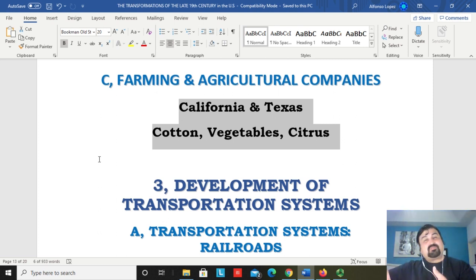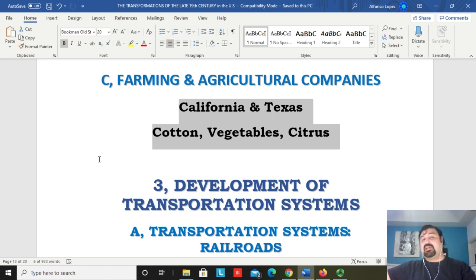And because the soil and the climate are very suitable for agriculture, all combined, there are going to be investors creating large agricultural companies in which they're going to buy thousands of acres and clear the land, develop the land, invest heavily in irrigation systems, for example. They're going to invest in machinery, bringing in tractors, technology, agricultural machinery, that is to say, and fertilizers and the like. And what they're going to be doing is mass producing cash crops.